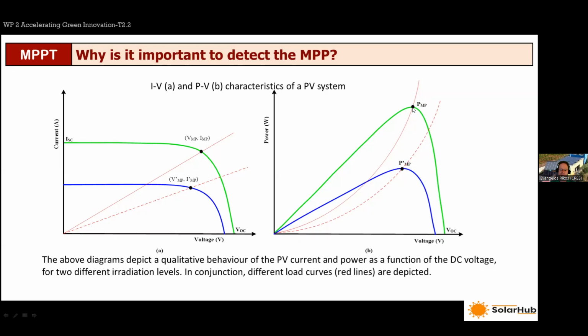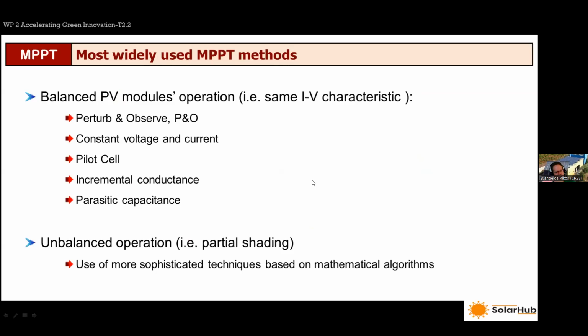So we need to find this intersection here, or this intersection here, depending on the conditions. And this is the scope of these MPPT techniques, maximum power point tracking techniques. The power converter or the inverter implements a method like this in order to change the slope of this line and intersect the IV characteristic at the proper point every time.